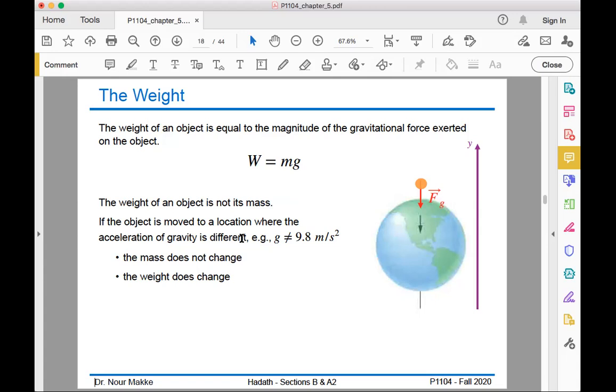So in this case, you have to remember that if this object is moving far from the surface of the Earth, its mass does not change, but its weight will change, because the weight is mass multiplied by g. And if g changes, then obviously W will change. However, the mass of an object remains all the time the same. The mass of an object is constant, it's an intrinsic property of any object, and it does not change because of any condition. Okay, this is what concerns the weight.